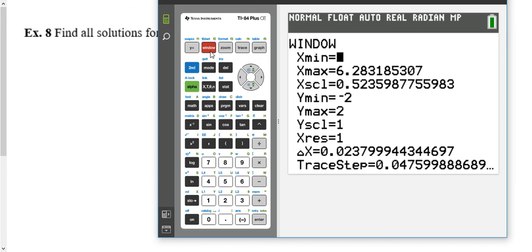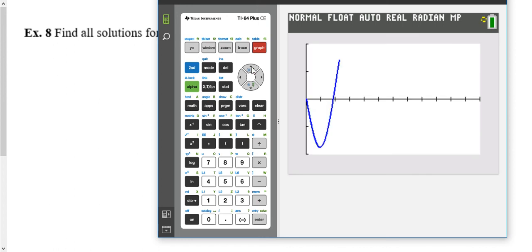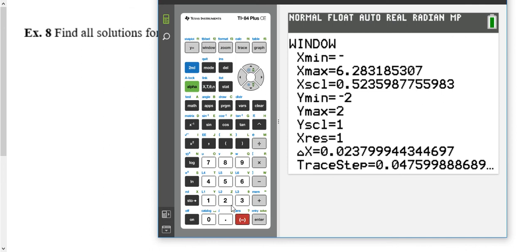So my window setting. I believe I have a proper window setting here, but just to make things a bit bigger, because we want to see all our solutions, we probably want to see a little bit on the negative side as well. So this is all from 0 to 2 pi, but we want to see all solutions. So let's start from negative 2 pi, going up to 2 pi, going up by 30 degrees or pi over 6.